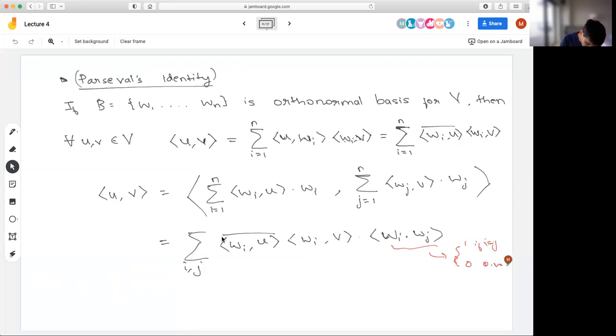So the only terms that survive are the ones when I is equal to j, and so I get the summation over I. Okay, which is what I get.